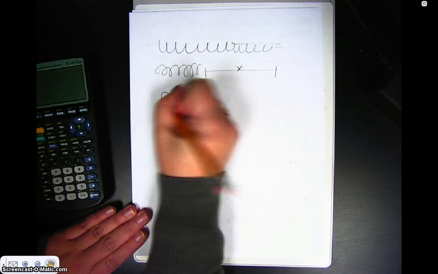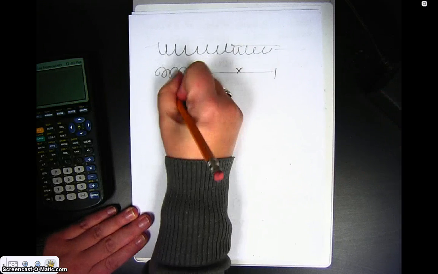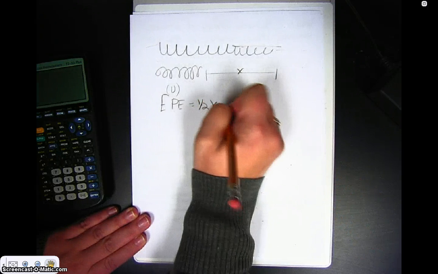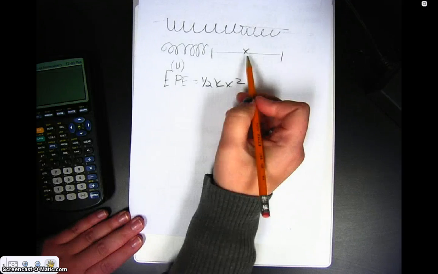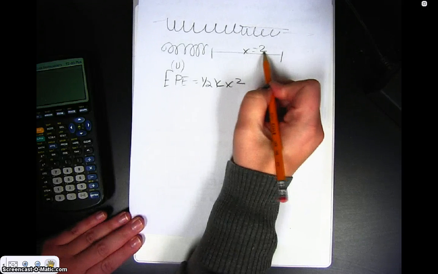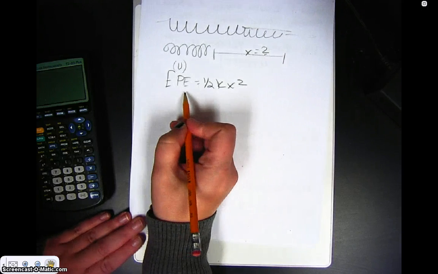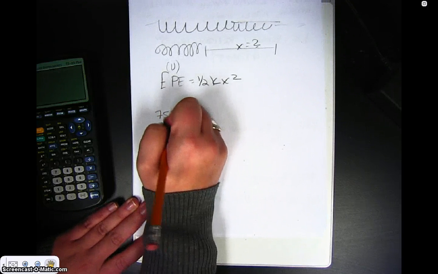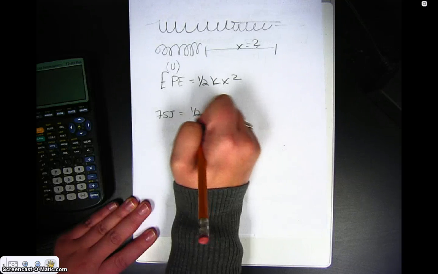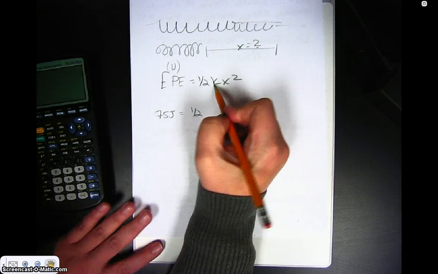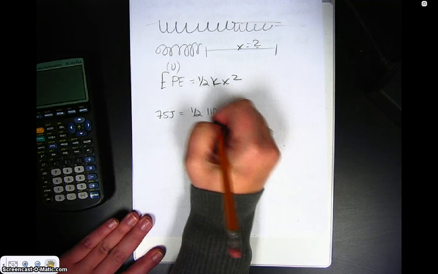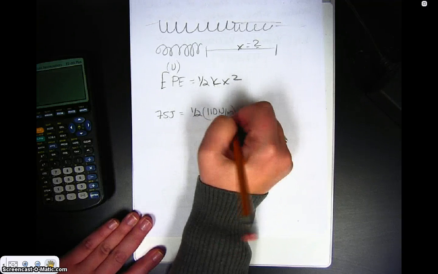Remember that EPE, or U for potential energy, is equal to 1/2 kx squared. I want to find x. That was my question in the problem, and I said that 75 joules of elastic potential energy stored is equal to 1/2, and then it says it took 110 newtons to stretch it a meter, so the k is 110 newtons per meter.